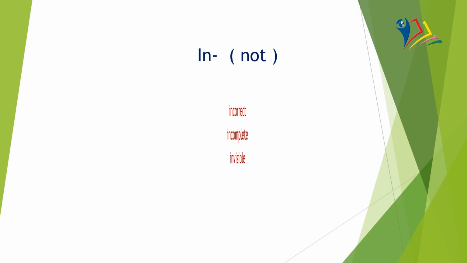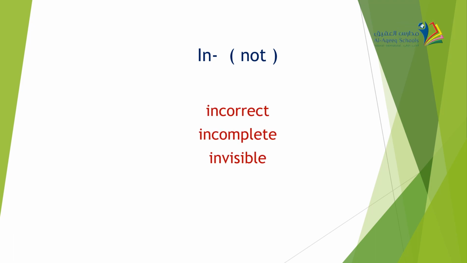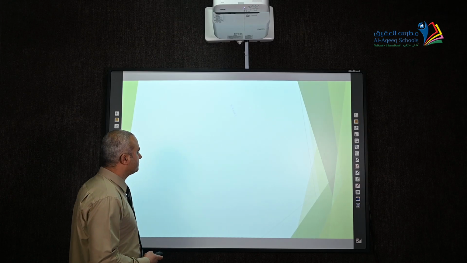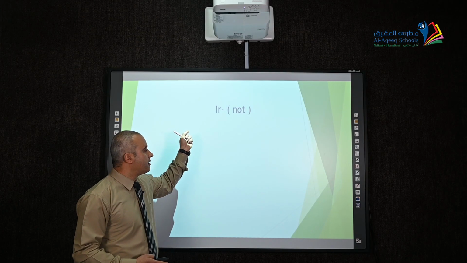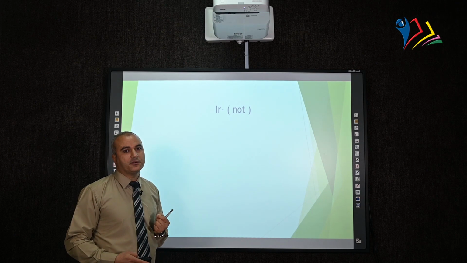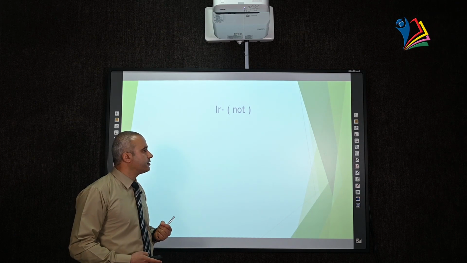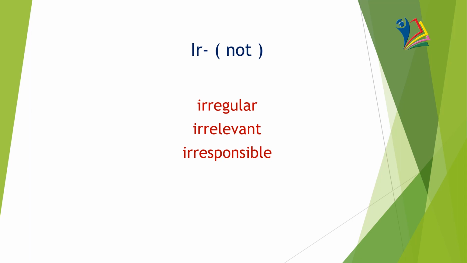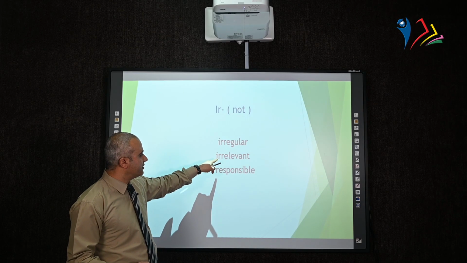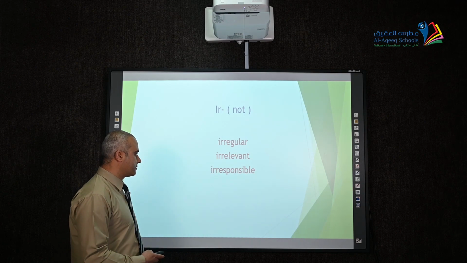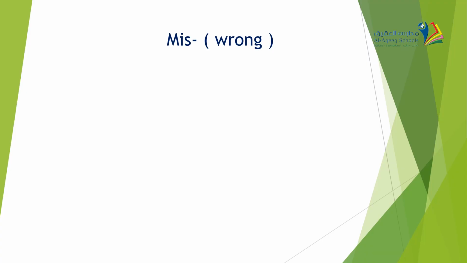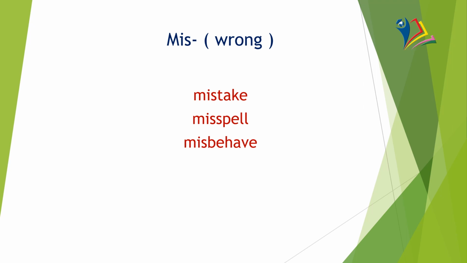In means not: incorrect, incomplete, invisible. Ir: most often we use the prefix ir with a word root that begins with the letter R. Irresponsible, irregular, irrelevant. Regular, relevant and responsible: these word roots begin with the letter R. Mis means wrong: mistake, misspell means to spell wrongly, misbehave.